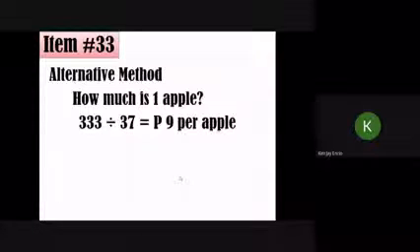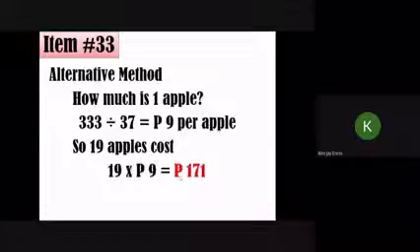Since it's 9 pesos per apple, and you're going to buy 19 of them, by multiplication, that's 19 times 9, which gives us 171 pesos. So you see, we still have letter B as our answer, or 171 pesos. Okay, I hope I explained it clearly.